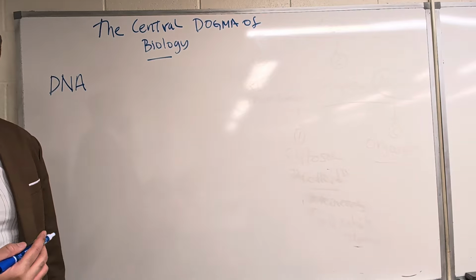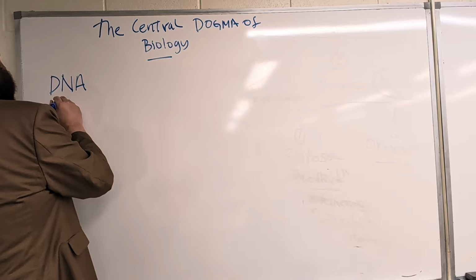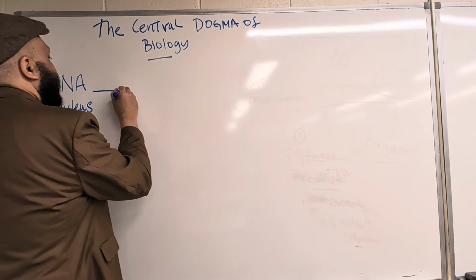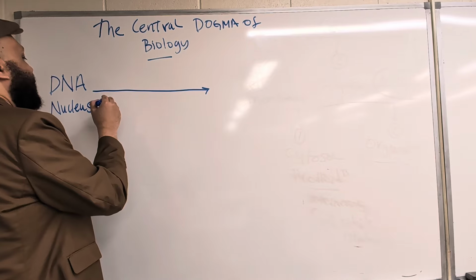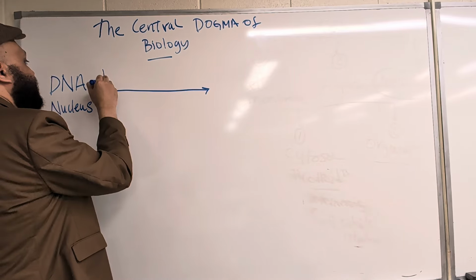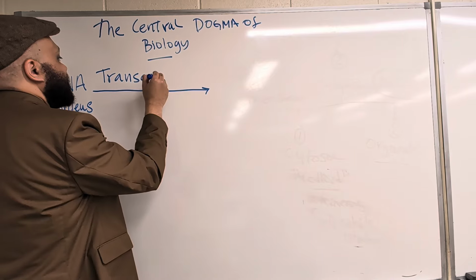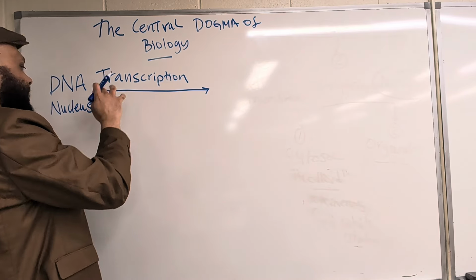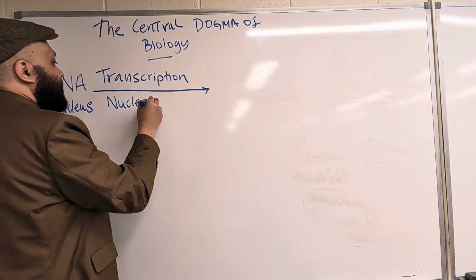Where is the DNA found? In the nucleus? Absolutely. So the DNA is found in the nucleus, and we perform a process known as transcription. So we transcribe the DNA.